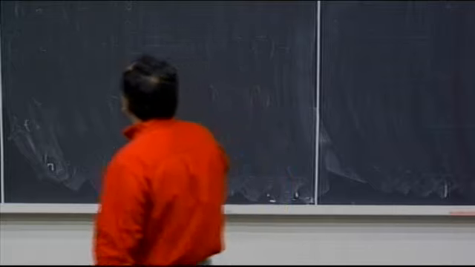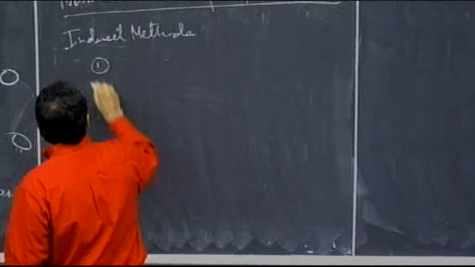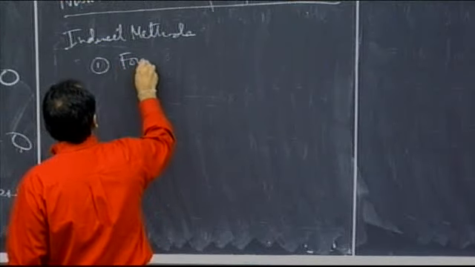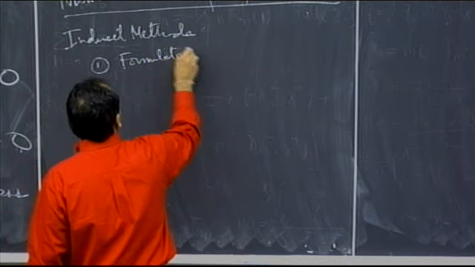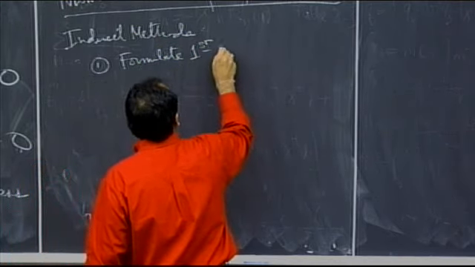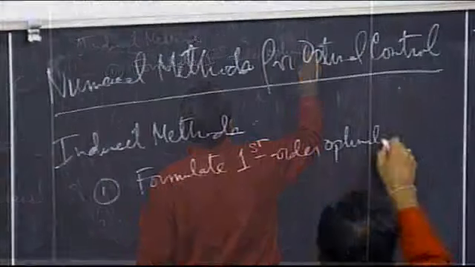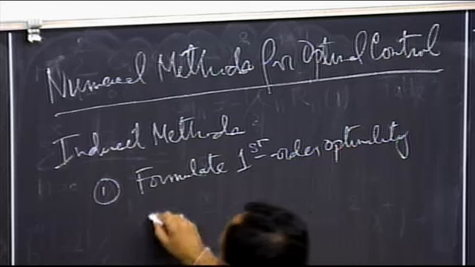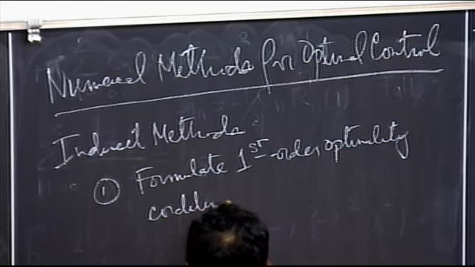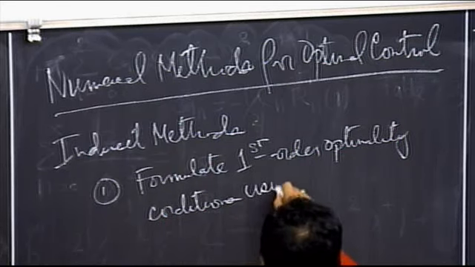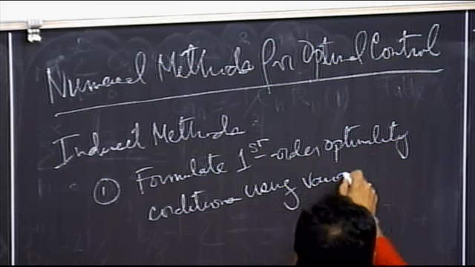The first thing you do is you formulate the first-order optimality conditions using variational calculus.